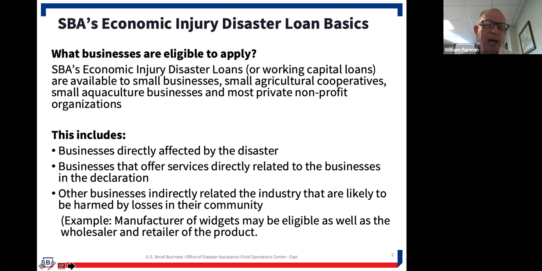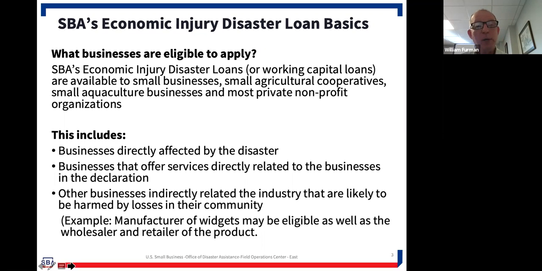Those applications that are in will be handled on a first-come, first-served basis. The reason that it has closed is that there are limited funds available. I think we have more than enough applications in the system right now to use the available funds that we have as of today.